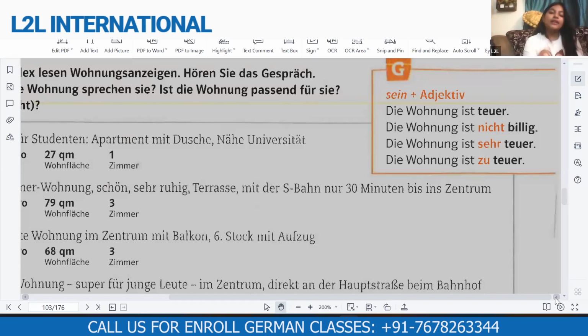If you want to say the apartment is not expensive, you can either say nicht teuer, or nicht billig, that means not cheap, or you can simply say die Wohnung ist billig, using the opposite of teuer, right? You can also say die Wohnung ist sehr teuer, the apartment is very expensive, or you can say die Wohnung ist zu teuer. Zu teuer means a lot, very much expensive. So so and zu can be used with both.